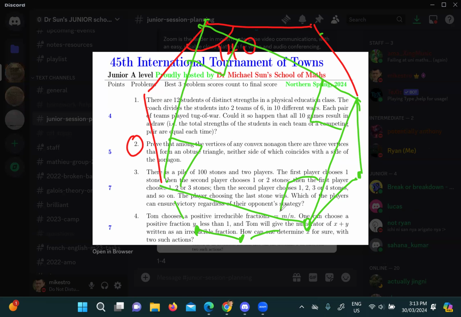You might even think about how you'd finish it yourself from here. One way to do it is to get the quadrilateral this way, because now this angle has to be 90 as well.